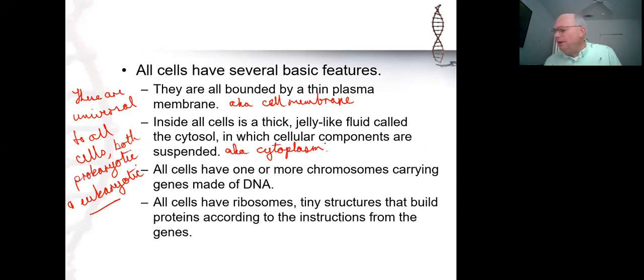And this is the medium inside the cell in which all the other features that we find inside the cell are actually embedded. So in bacteria, there's not going to be too much embedded into the cytoplasm. In eukaryotes, we're going to see that there's a whole lot of stuff embedded in the cytoplasm. But again, all cells have cytoplasm.